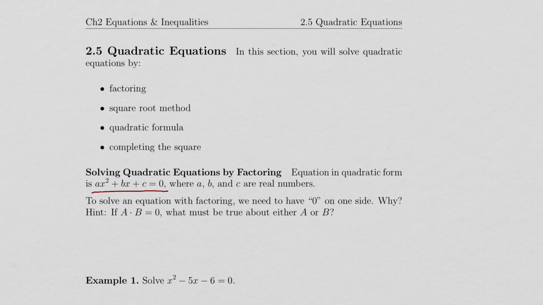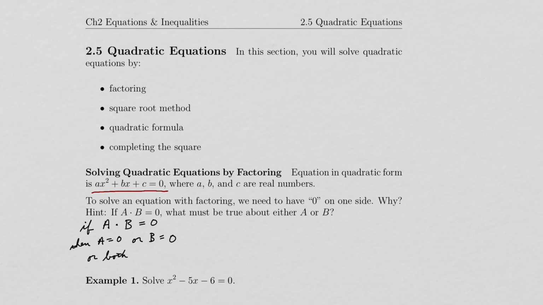If capital A, the first factor, times the second factor, B, equals 0, then either A equals 0 or B equals 0, or both. So that's going to allow us to solve for the variable.